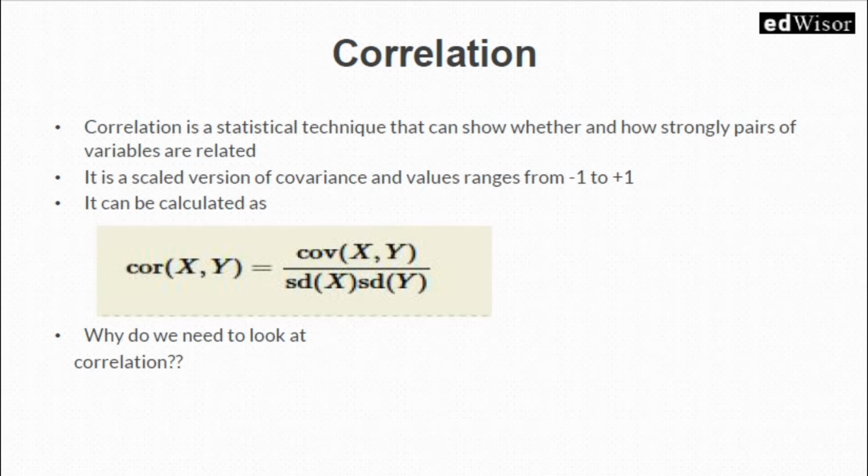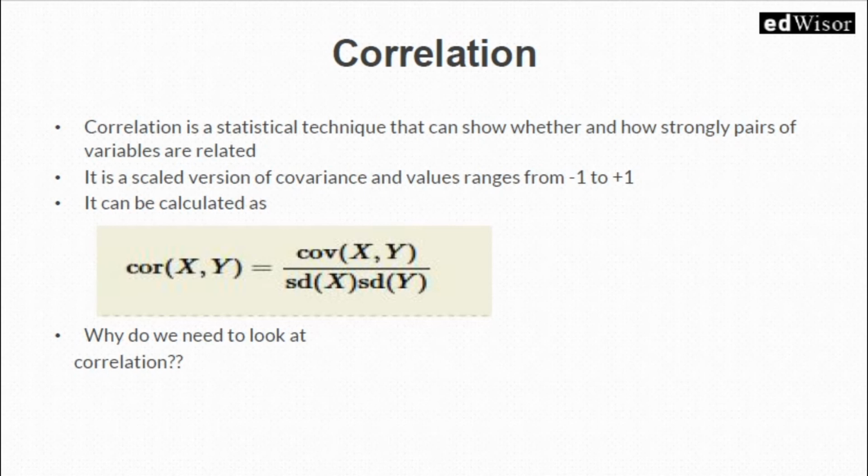If the correlation value is -1, then we can say the variables are highly negatively correlated with each other. If the correlation between two variables is 0, it means there is no correlation between them. And if the correlation between two variables is 1, then we can say that these two variables are highly correlated with each other.